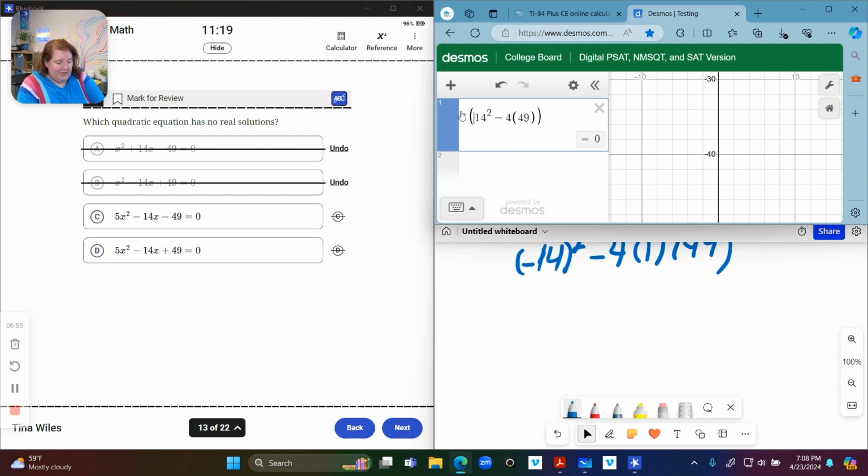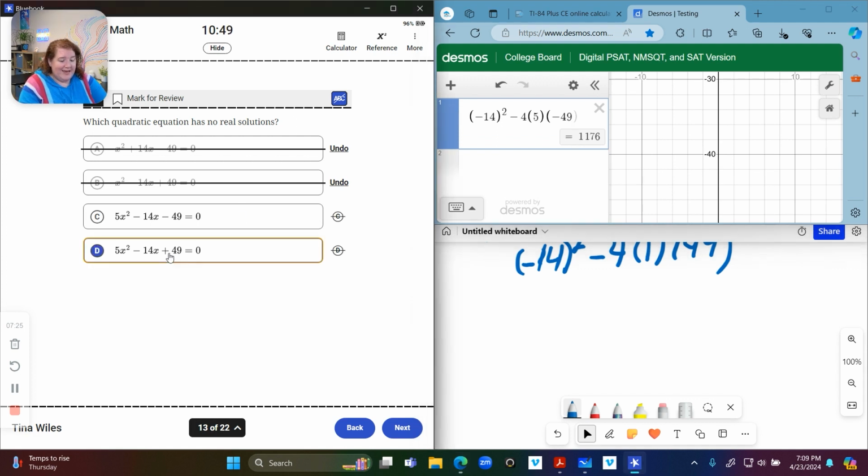Next one would be negative 14 squared minus 4 times a times c, which is a positive number, so it has to be d.